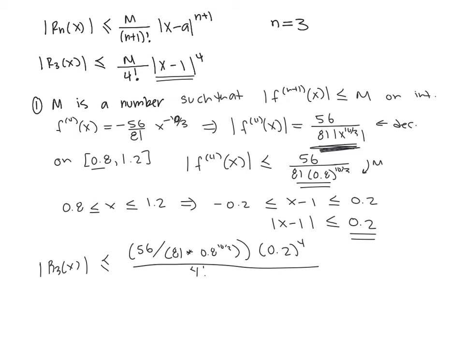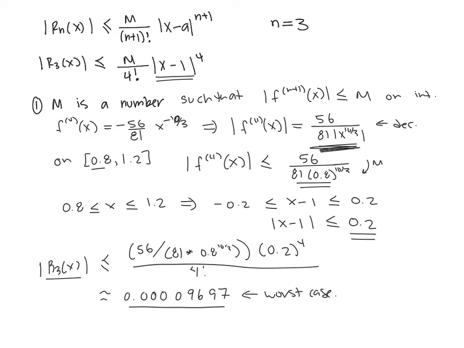And that is about 0.0000967. So your remainder or your error is less than that number. This is like a worst case scenario. In the worst possible case, your error could be that much, but in actuality, it might be less.